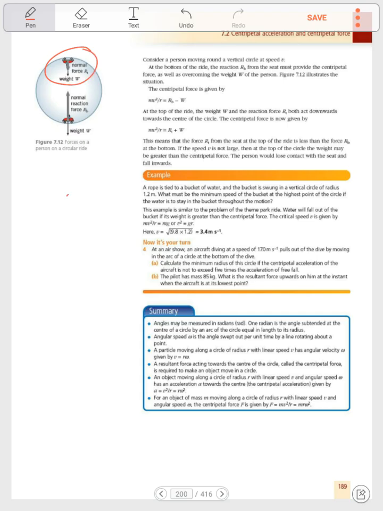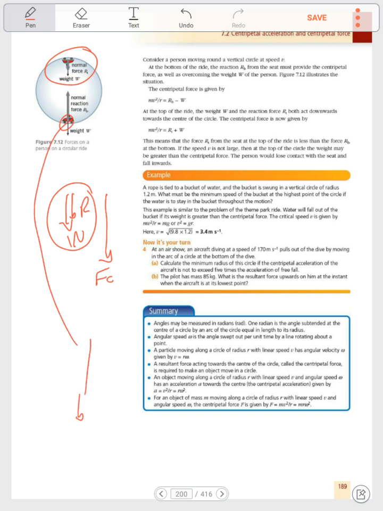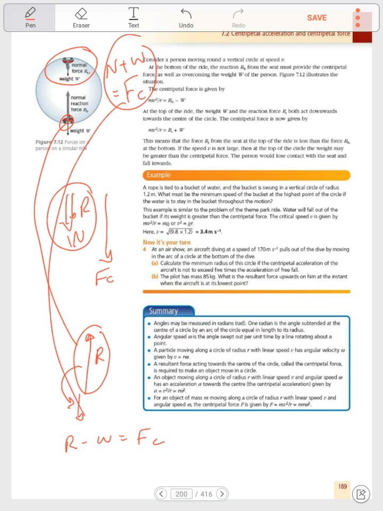Here we have the weight downward and the normal downward. The summation of these equals the centripetal force. And here we have the weight downward and the normal reaction up. You can see that the normal reaction here is larger. If you subtract R minus weight, you have the centripetal force. But here we have normal plus weight, which is equal to the centripetal force. In both cases, the centripetal force has to be mv squared over R.